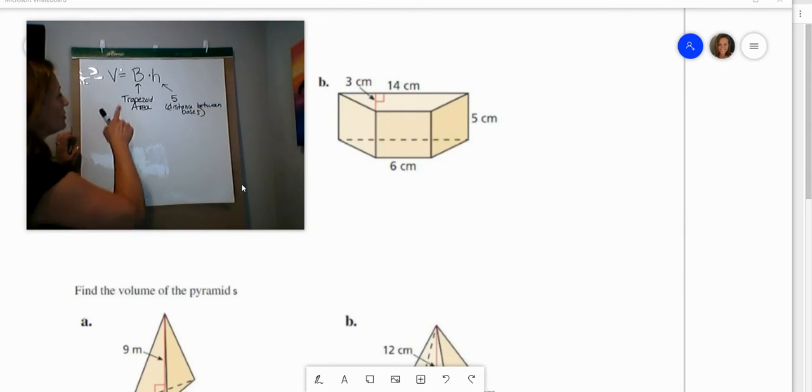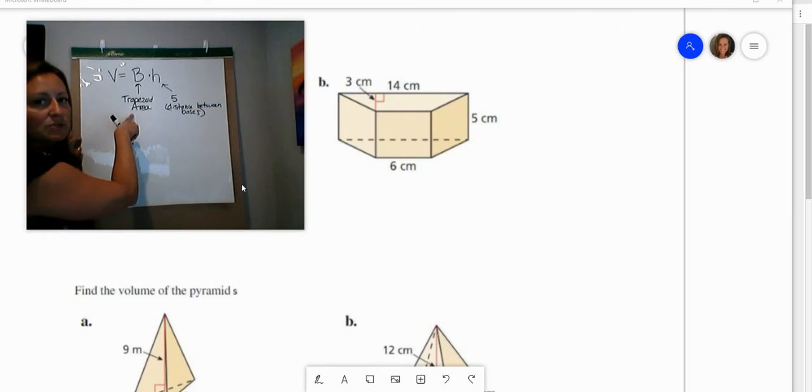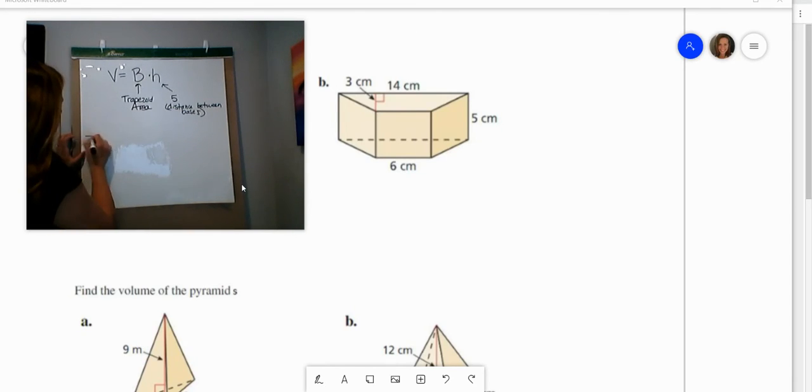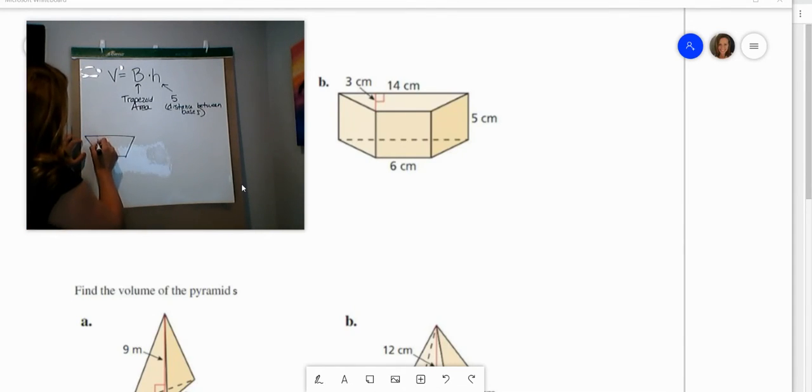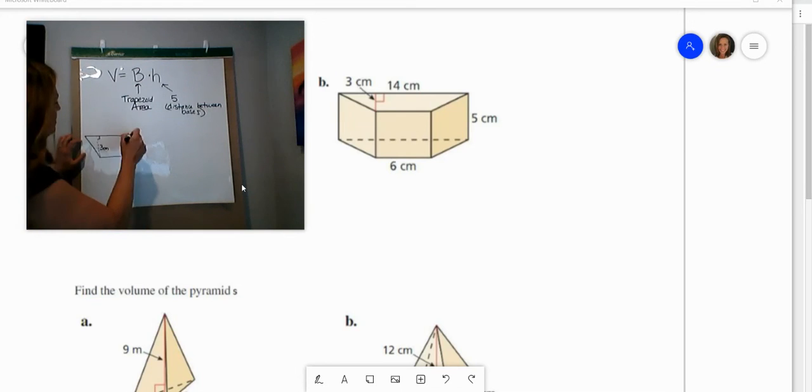Okay, so let's do the area of each trapezoid. I'm going to put one out here as if it were flat, as if we're looking at it from above. The height of the trapezoid is 3 centimeters. The one base up here is 14 centimeters, and the other base, the other parallel line, is 6 centimeters.